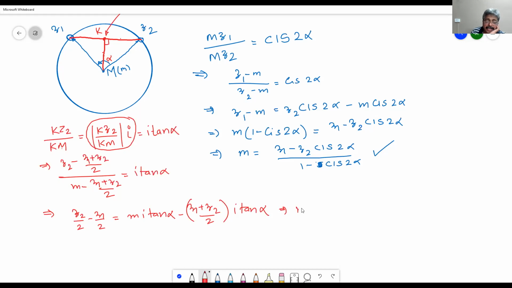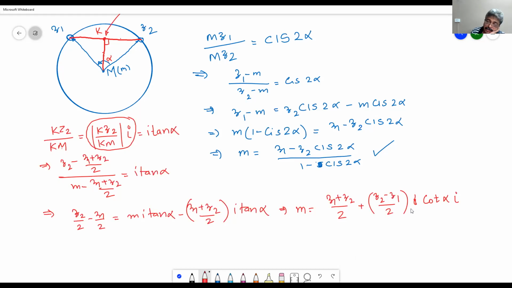Therefore, center M is equal to, let us put everything to the other side, Z1 plus Z2 by 2, that is the constant term, plus Z2 minus Z1 by 2 into cot alpha times i.